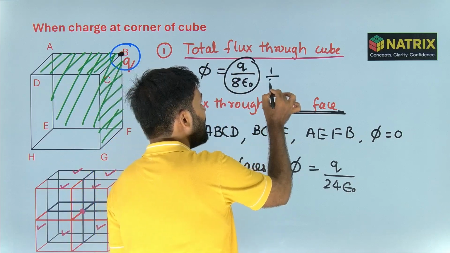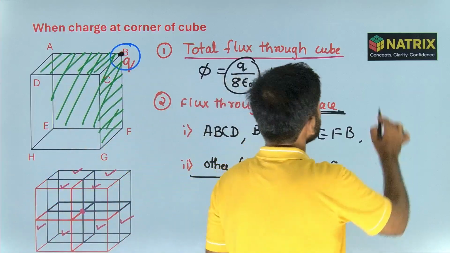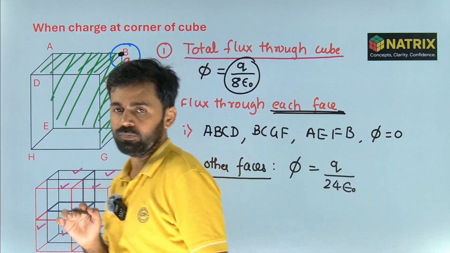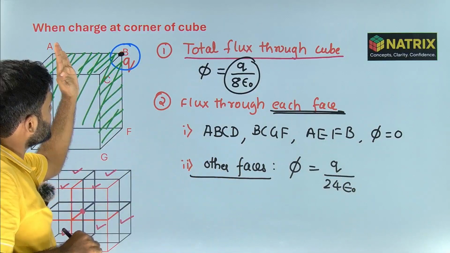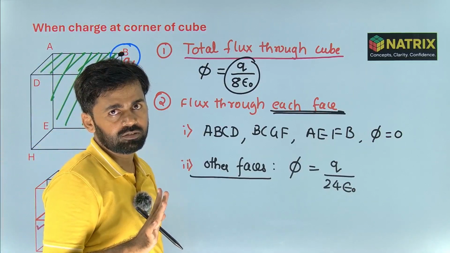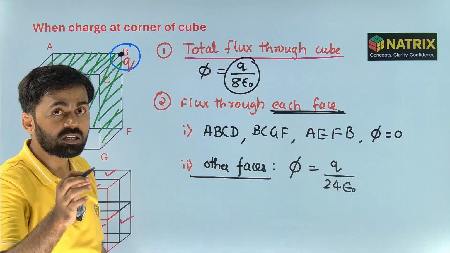When you divide by 3, 3 8s becomes what? 24. So flux through each face becomes what now? Q by 24 epsilon naught. Which faces? Except the 3 faces which are sharing the charge. Flux through the other faces becomes what? Q by 24 epsilon naught.